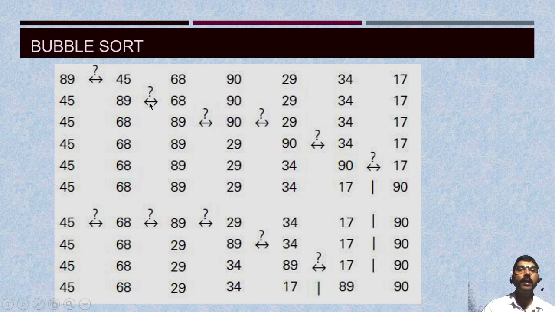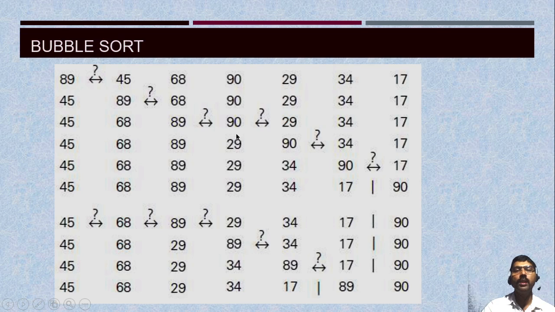Next, j increments, and this becomes j, and this becomes j plus 1. Now j plus 1 is again smaller. The if condition is true, so you do the swapping here. Here 68 is exchanged with 89. 89 comes here. Again j increments.